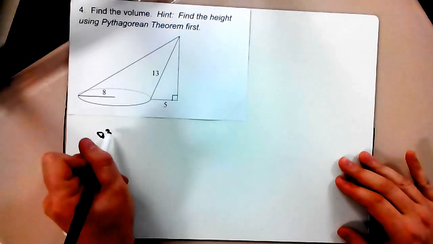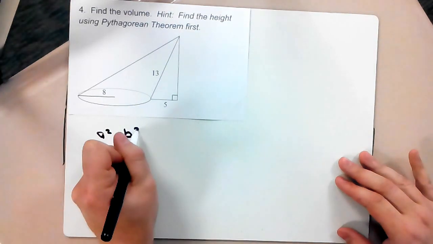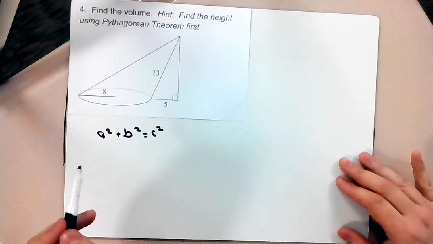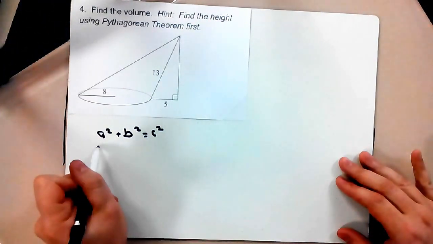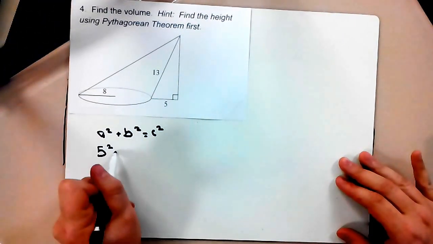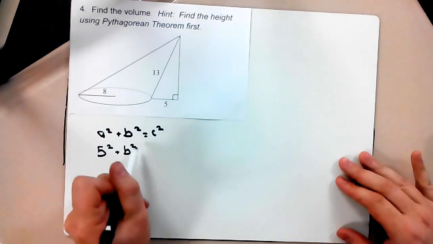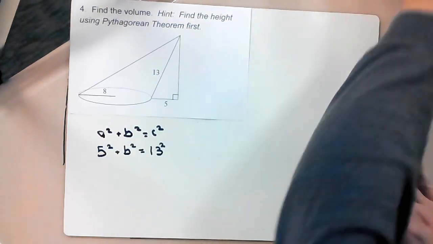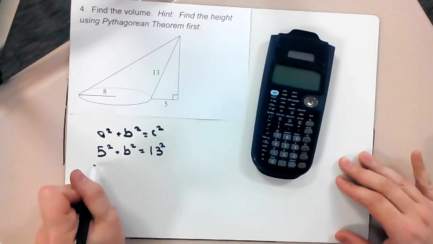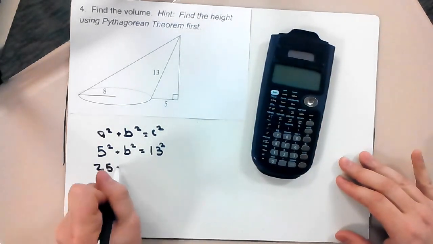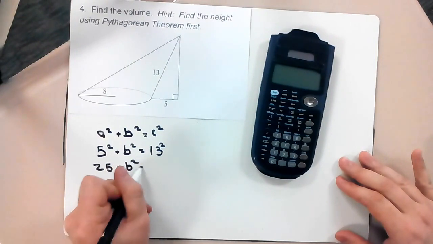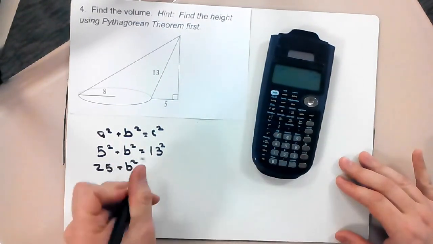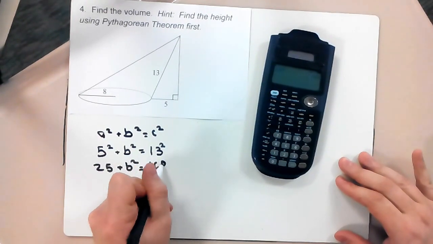So I'm going to use a squared plus b squared equals c squared. Remember, c is always the hypotenuse. So I have 5 squared plus b squared equals 13 squared. I'm going to use my calculator. This is 25 plus b squared, and 13 squared is 169.